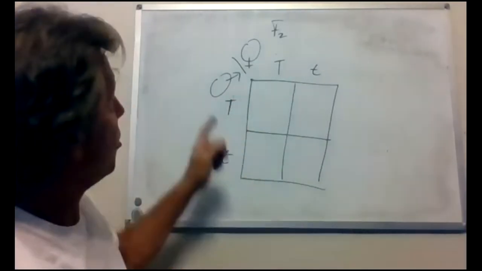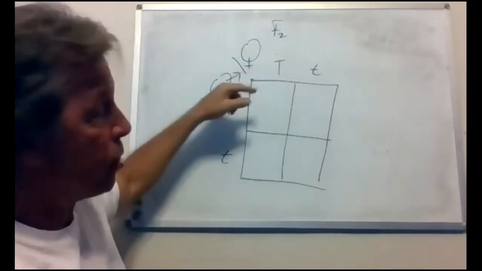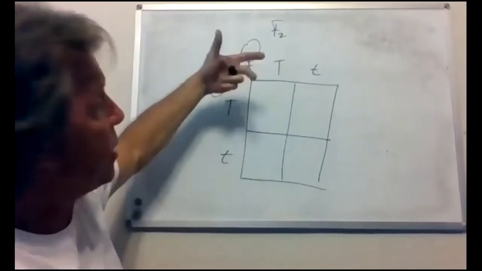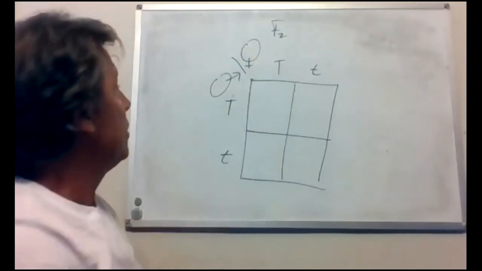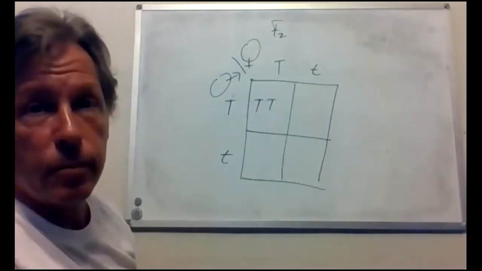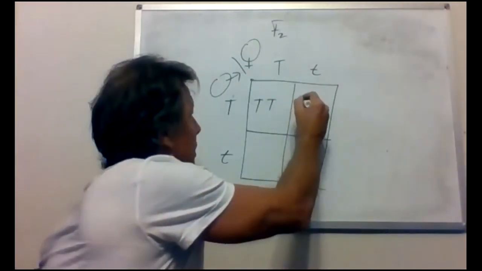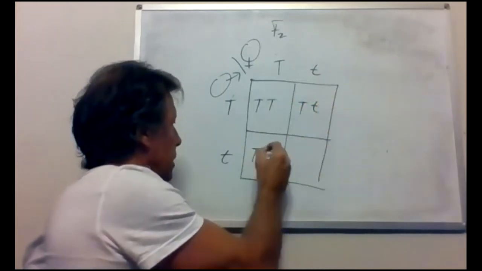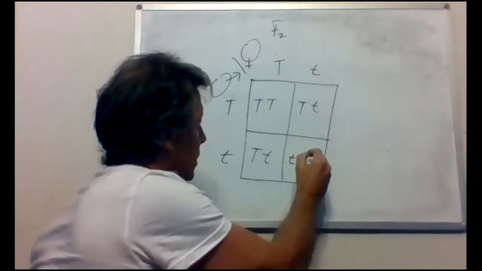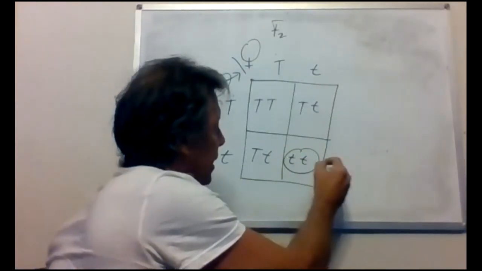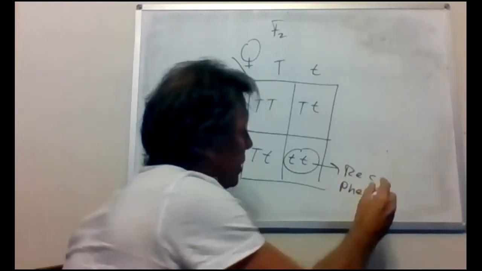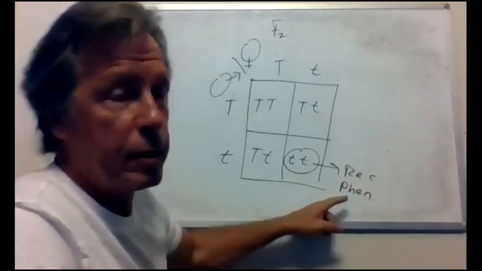Now, what do we get when we segregate these alleles and cross them with the parent, which is the same parent, right? It's not a cross-fertilization, it's a self-fertilization. Well, in some cases, we're going to get this. In some cases, we'll get this. And occasionally, we'll cross these two together. And this is where we see the recessive phenotype come back.